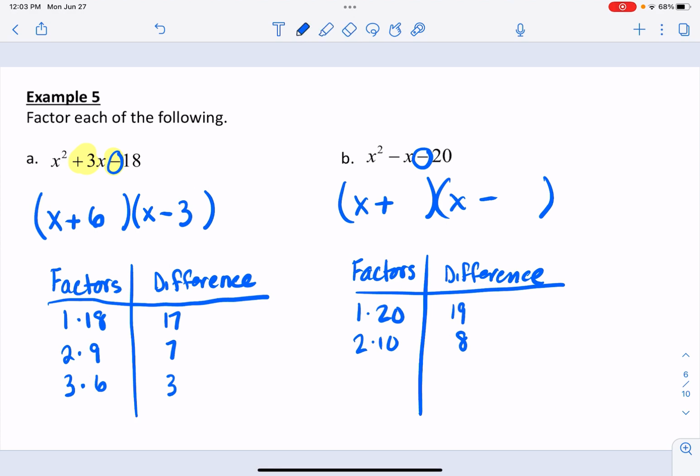I was trying to go too fast. 3 doesn't go in, 4 goes in, 4 times 5. Their difference is going to be 1. But I need it to be a negative 1. So I need to put the 5 with the negative sign and the 4 with the plus sign, because negative 5 plus 4 is going to get me that negative 1. And again, remember, you can go through and remultiply these together. You can FOIL those out to make sure you get the right answer. That's how you would check your work on this.